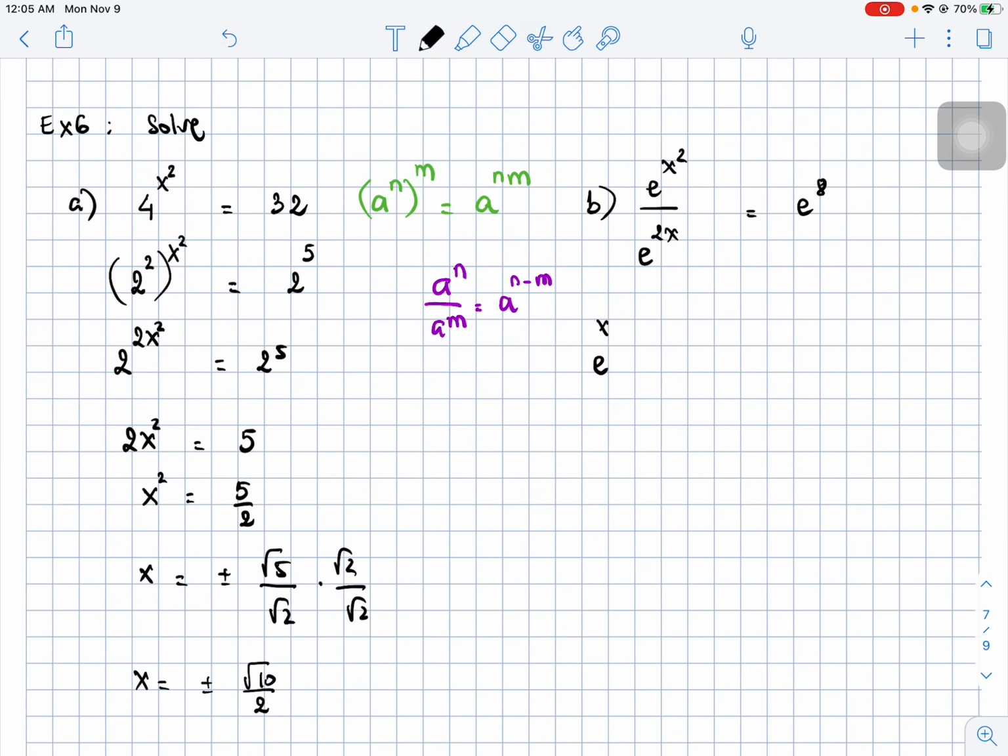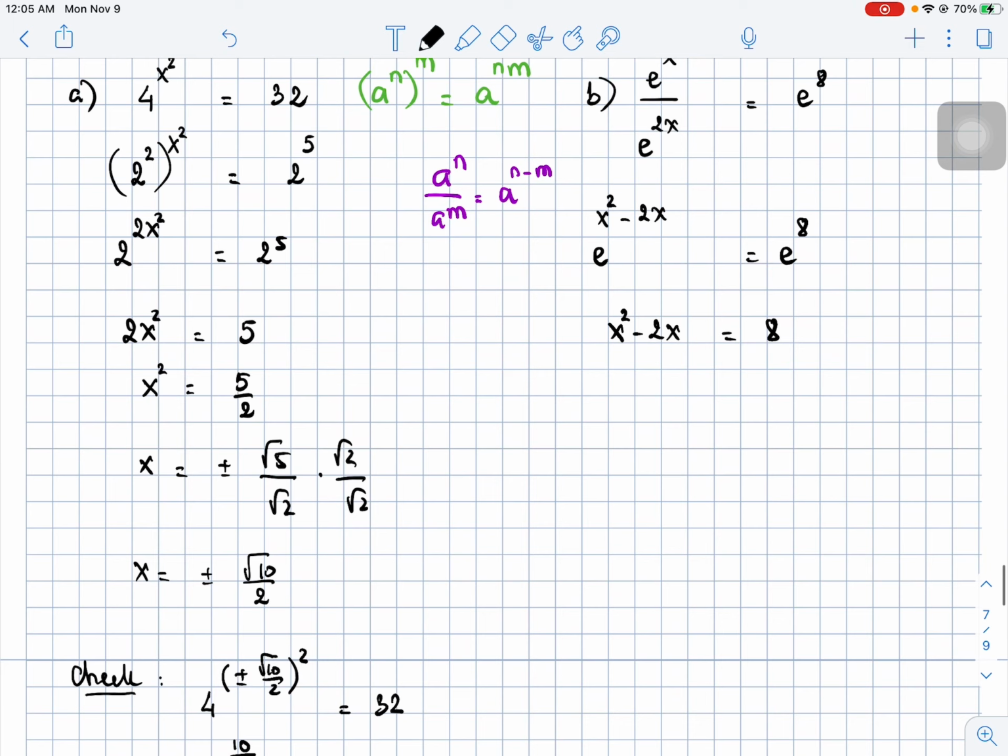So we have e to the x squared minus 2x. On the other side we get e to the 8. Now we equate the exponents. This is a quadratic equation, so we subtract 8 from both sides to make 0, and then factor. We have minus 4 and plus 2, so x equals 4 and x equals negative 2.